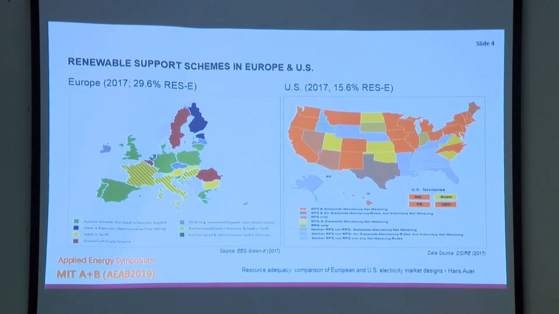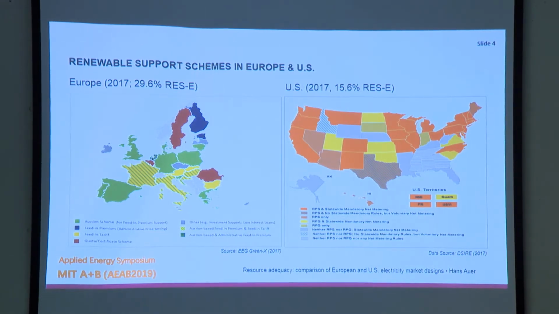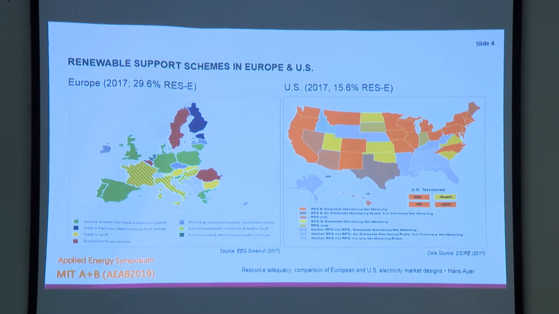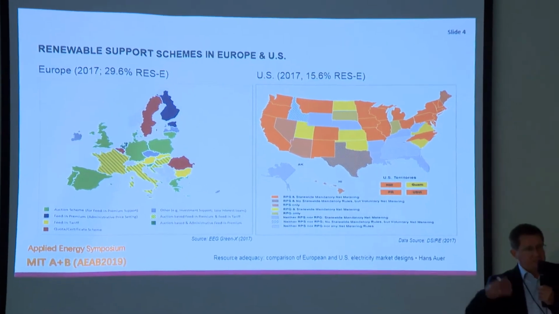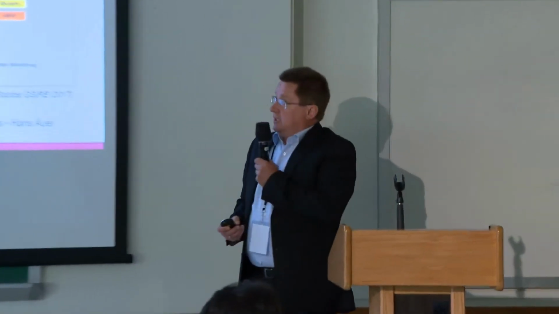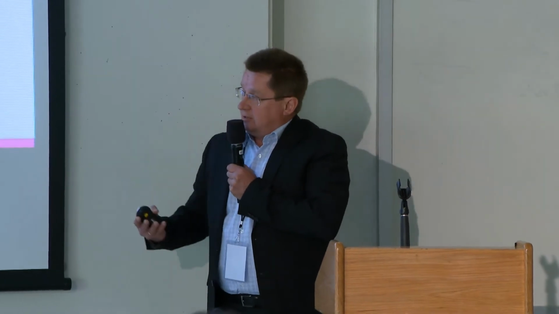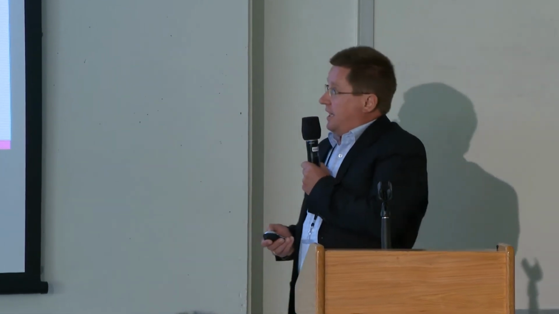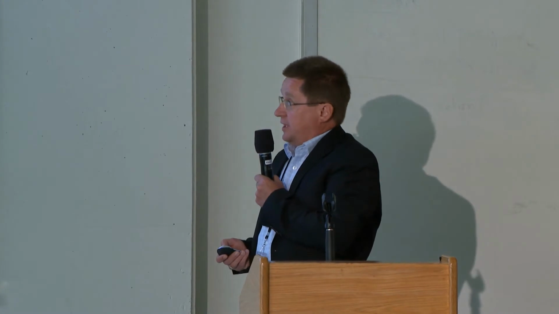In some countries there are also voluntary metering systems, and some countries rely on renewable portfolio goals only. In both markets, in Europe and the US, increasingly other voluntary approaches are implemented, so energy communities, PV sharing concepts, and all these kinds of recent developments.